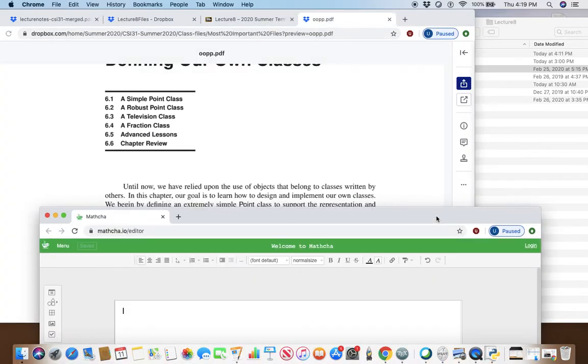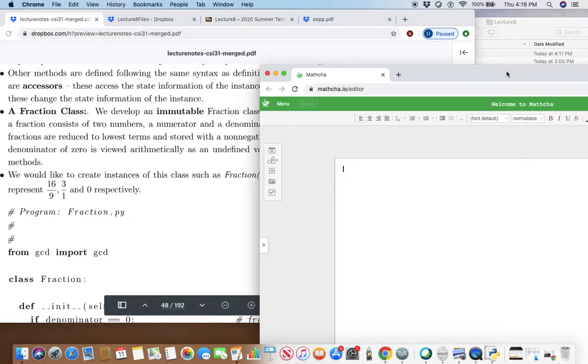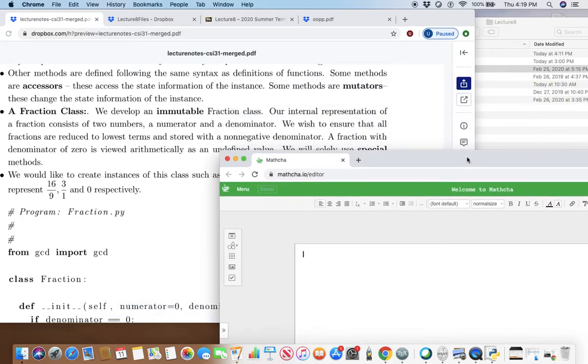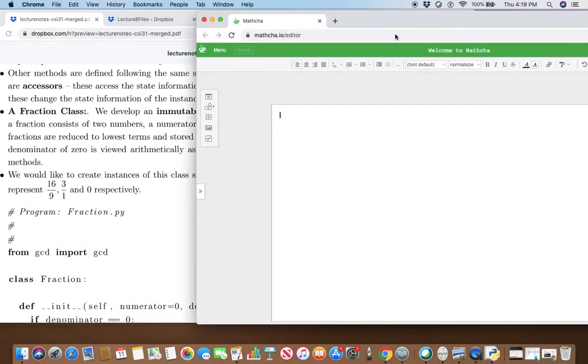Let me explain using this math editor. I want to ensure that fractions are reduced to lowest terms. Say you have designed this fraction class. Now a user comes around and writes 16/24.